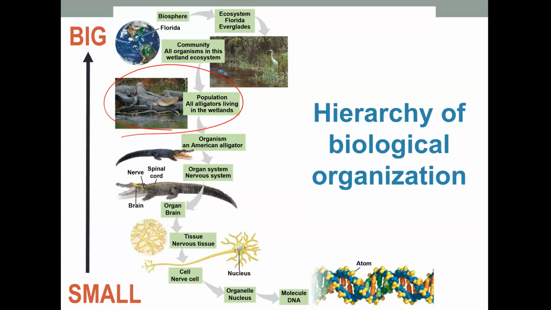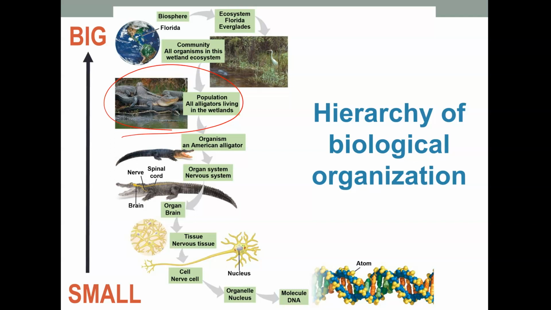So if we were to go down to the Everglades in Florida, there might be more than one kind of alligator. Let's suppose there's only one kind of alligator that lives there. We would call that group of alligators living in the Everglades a population. It's a group of alligators living in a particular geographical area.